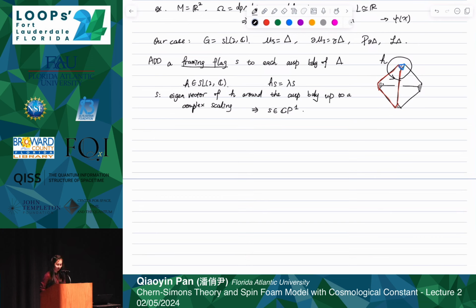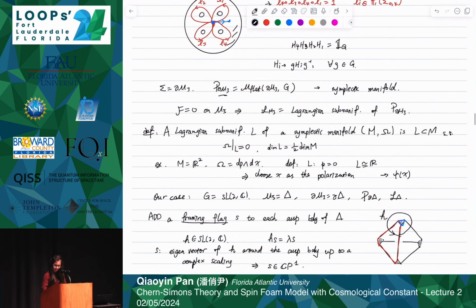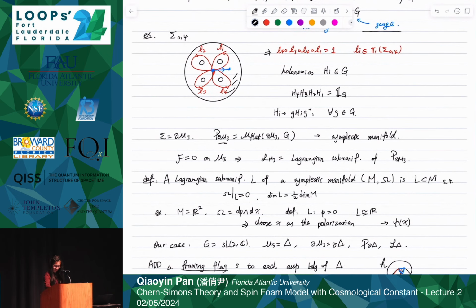Okay? And why do we want to introduce this framing flag? I think I see a question. Going back to choosing the Lagrangian submanifold: I get that choosing p equals 0 gives us that, and then choosing x for polarization gives us that your momentum operator now becomes partial x. But can you motivate choosing p equals 0 from a physical or more intuitive standpoint?